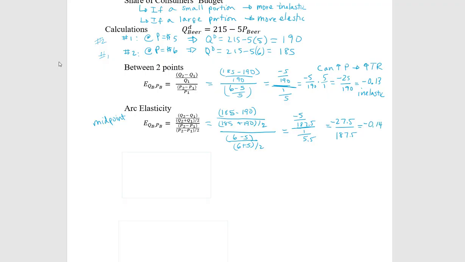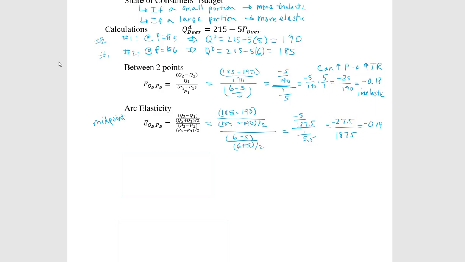Now, in this case, it was a very small difference, but we were also going only $1 difference. So it really wasn't a huge move along that demand curve, but it allows us to have the same value going forward as it is going backward. And again, that's still inelastic, so we haven't jumped across the unit elastic point with this.